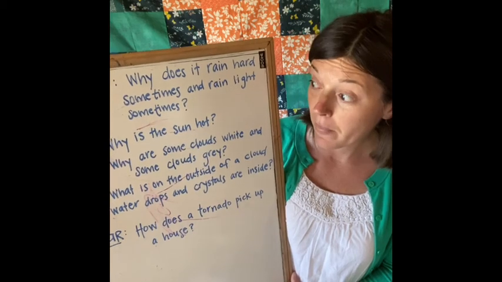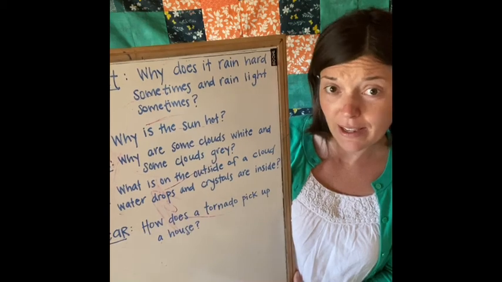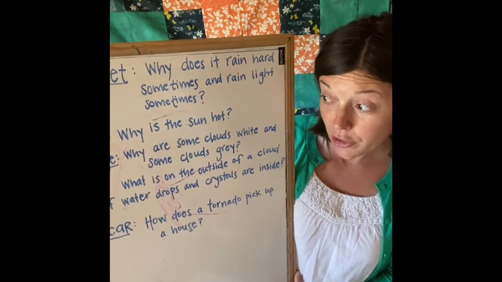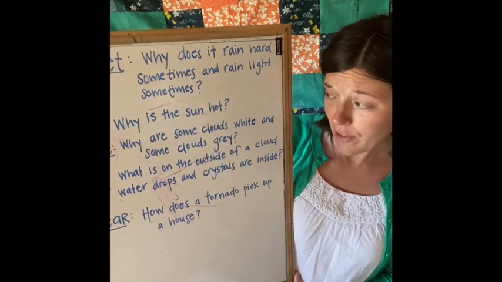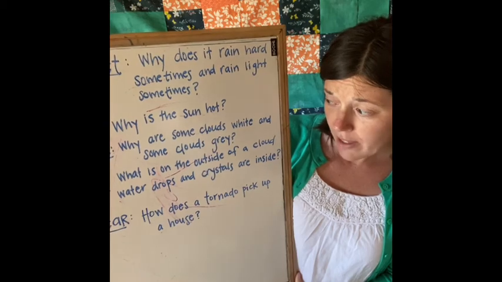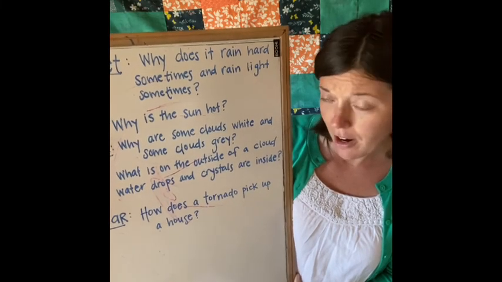Good question. And his sister Evie asks, why is the sun hot? Good questions. George asks, why are some clouds white and some clouds gray? What is on the outside of a cloud if water drops and crystals are inside?